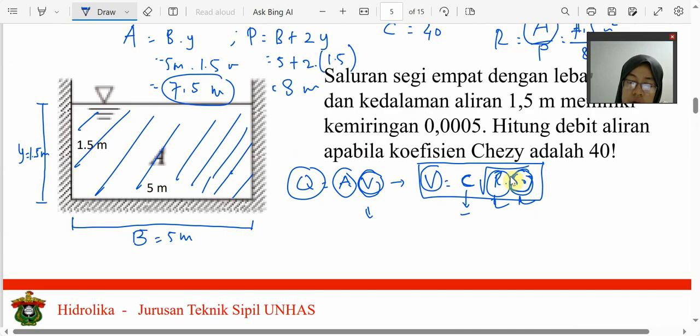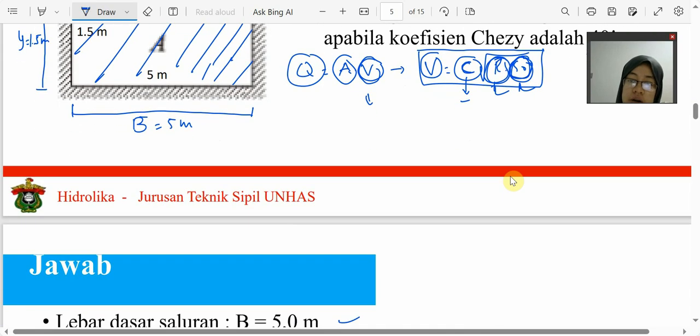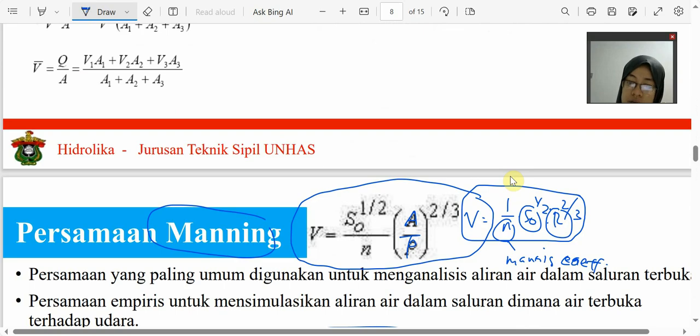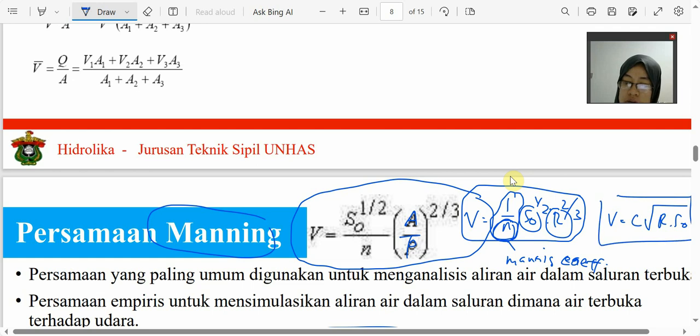If we want to calculate velocity with Chezy, we also consider the hydraulic radius R. We also consider the slope of the channel, and also the roughness coefficient from Chezy. There is R, there is S0, similar here. There is R, there is S0 to find the velocity. What is different is that when we use Manning, we use these conditions, and when we use Chezy, we use this.